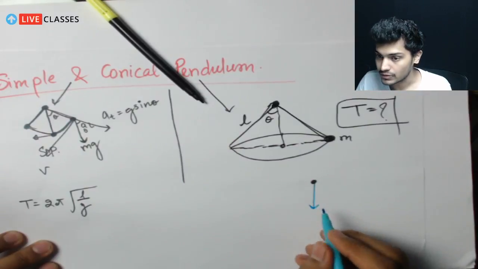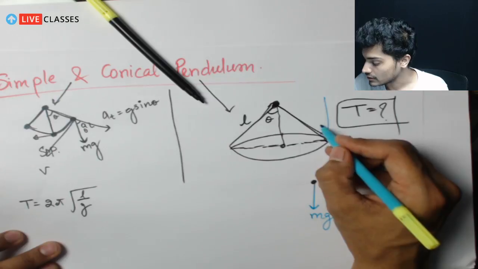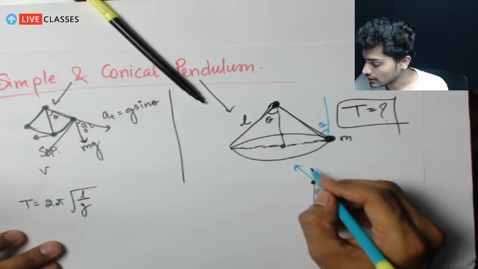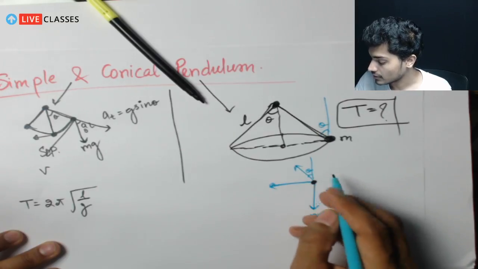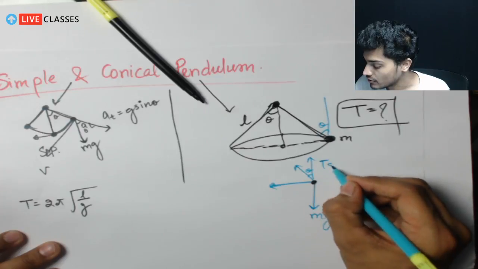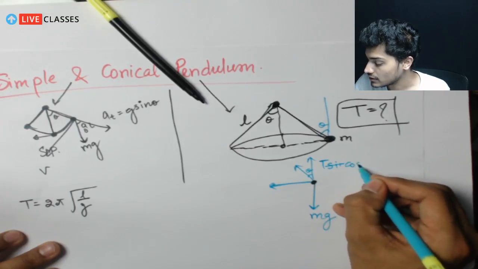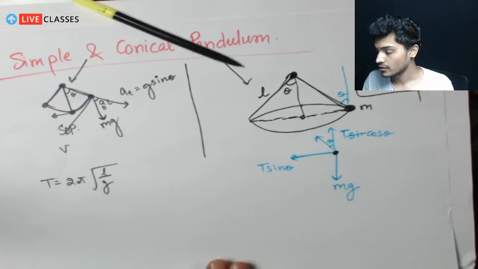We will see that mg is acting at this point, and here the tension T is acting at angle theta. When we resolve the tension along the horizontal and vertical directions, we find T cos theta here, and T sin theta here.